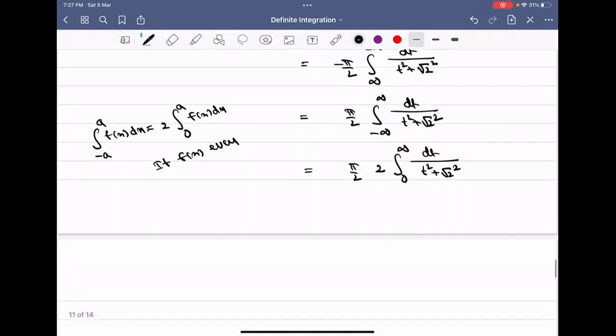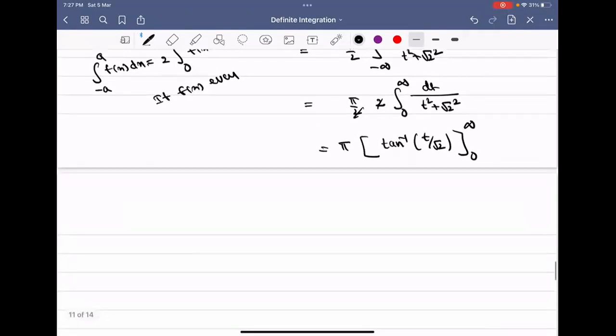So now this 2 cancels. So this is equal to pi into, now, integration of 1 by x square plus a square is equal to what? Tan inverse x by a. Therefore this is tan inverse t by root 2. The limits are from 0 to infinity.